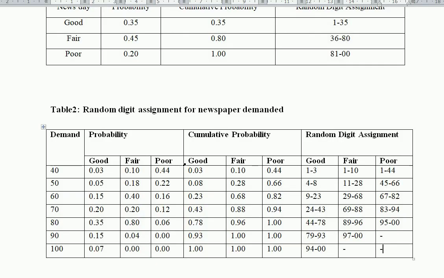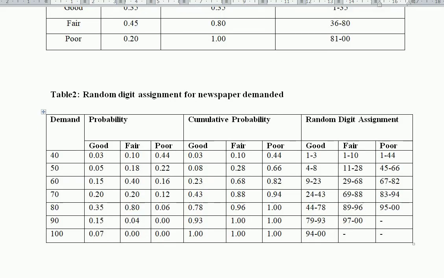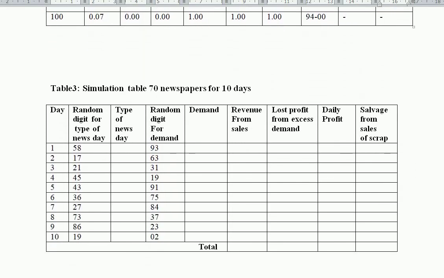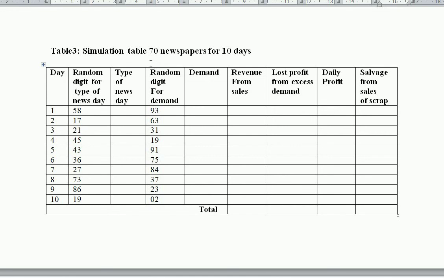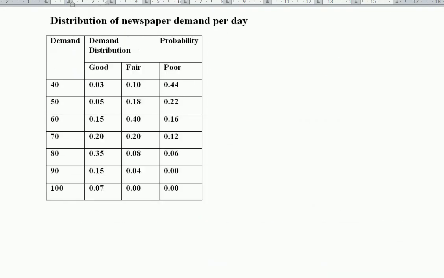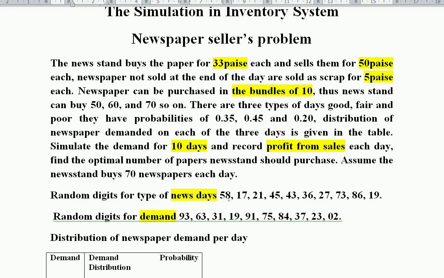This is the random digit assignment for newspaper which is demanded. It's given. Next we have to calculate the demand. This is the actual simulation table for 70 newspapers for 10 days. We have written the 10 days here, and the random digit for type of news day.